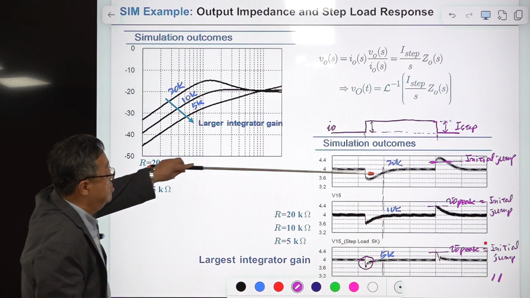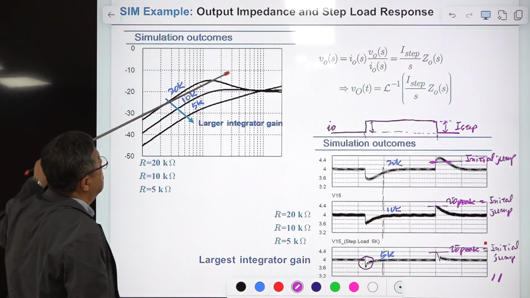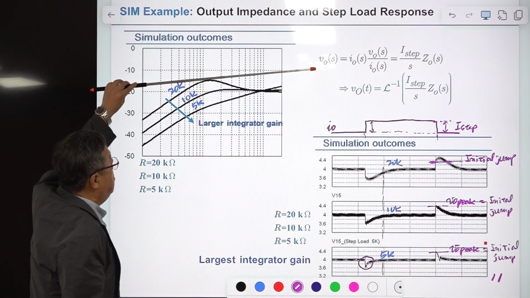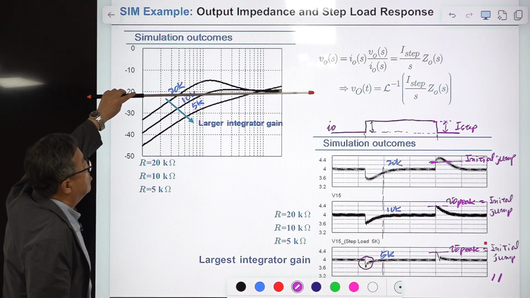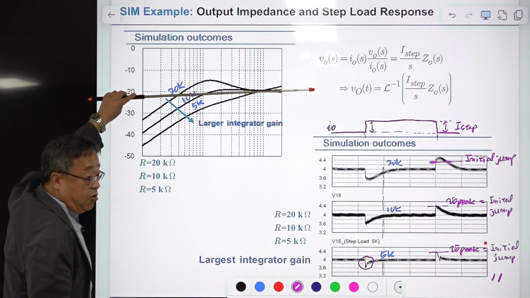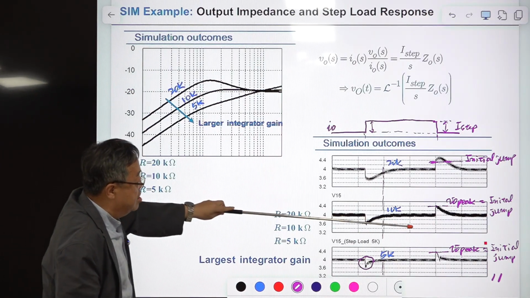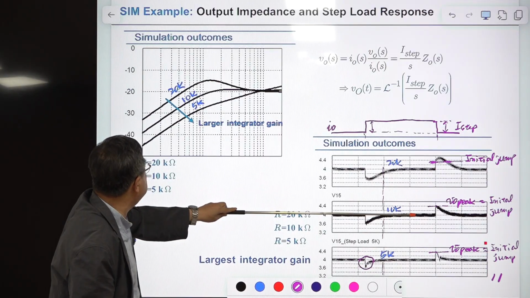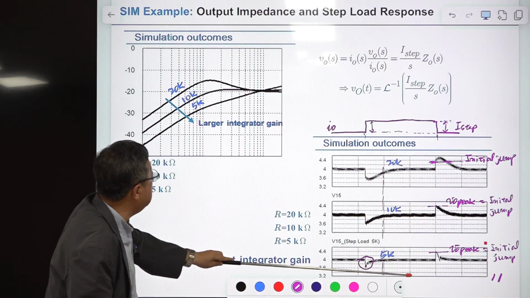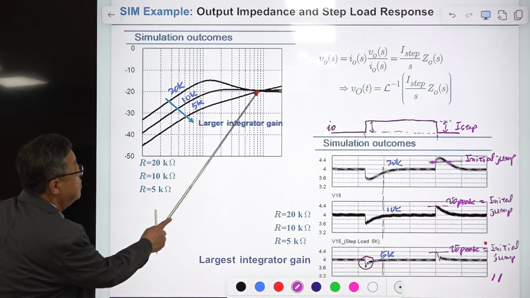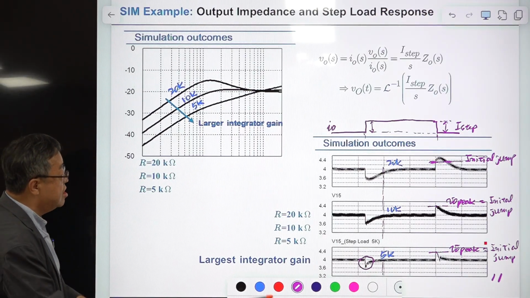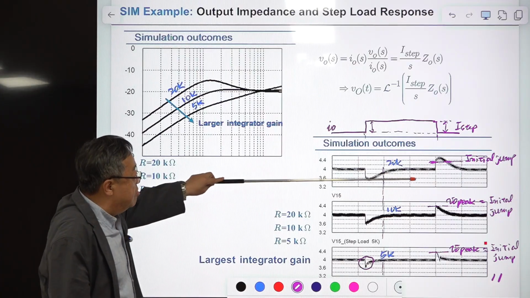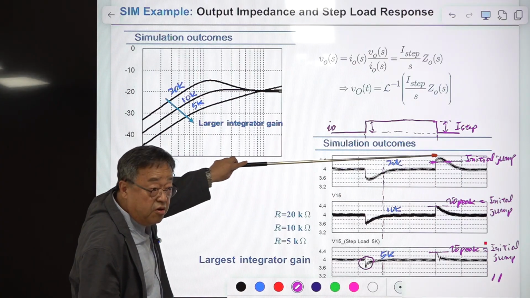Okay. So this is the case A, which has the largest peak value, and this is the case 2, which has the omega ESR and omega CR occurring at the same frequency. This is case 2, okay. This is case 3, this one, okay. If you take a look at the peak value, this peak value is largest in here, okay.